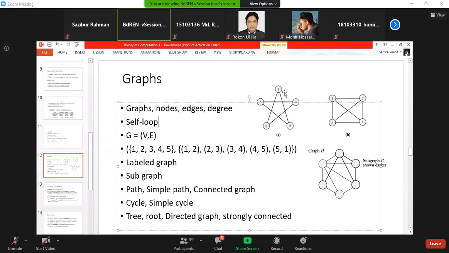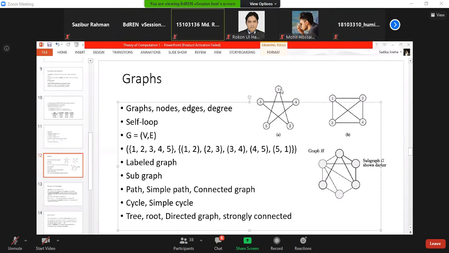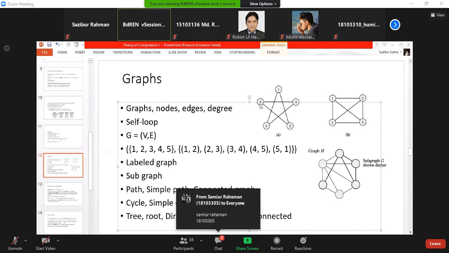Now we can see there are several examples of graph here: 1, 2, 3, 4, 5. As you can see, numbers are written, and these points are known as vertices or nodes.